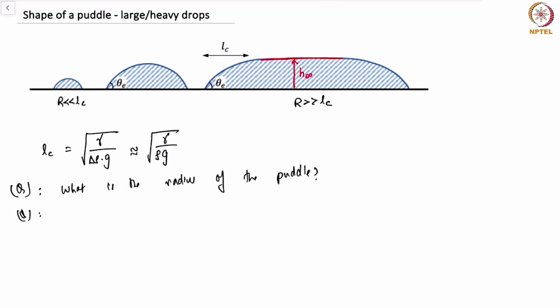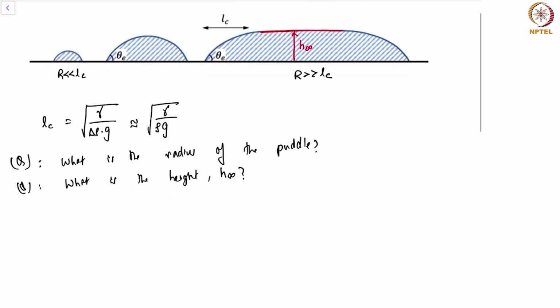Another question could be: what is the height H infinity that's shown on the screen? You could also ask, what is the shape of the drop near the contact line?